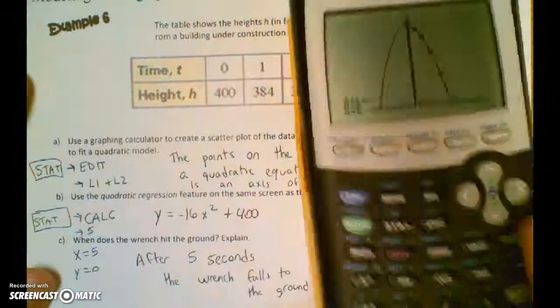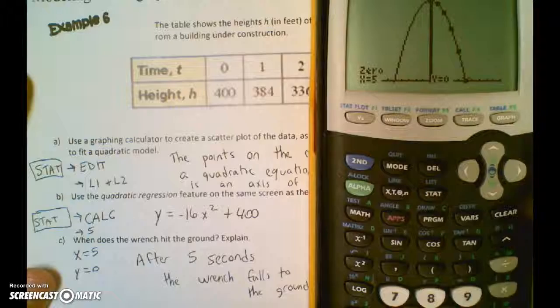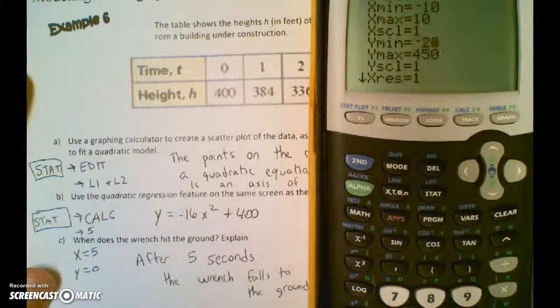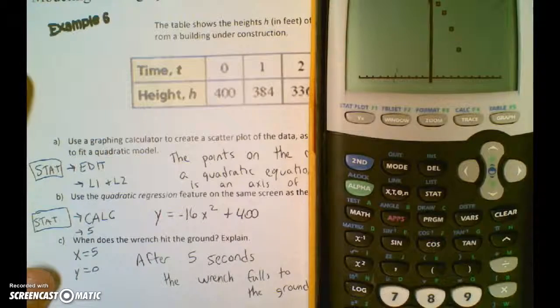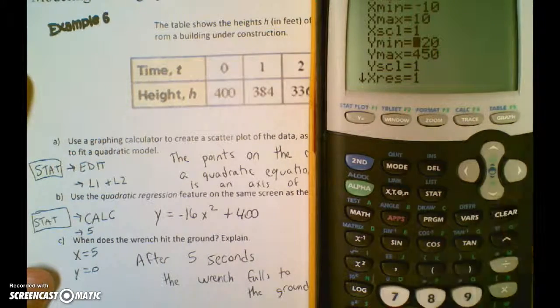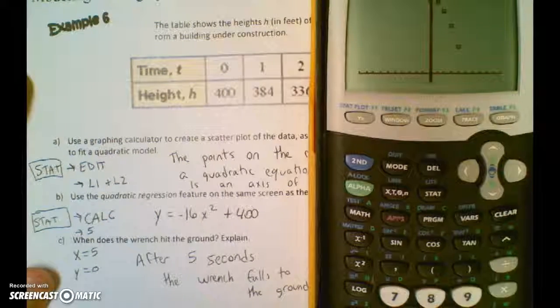If you were having trouble seeing the cursor, you could change your window and make your Y-min a little bit lower. And then when you do the second trace 0, well, even then it still looks a little bit too much. Let's make it even smaller. Let's make it -50.